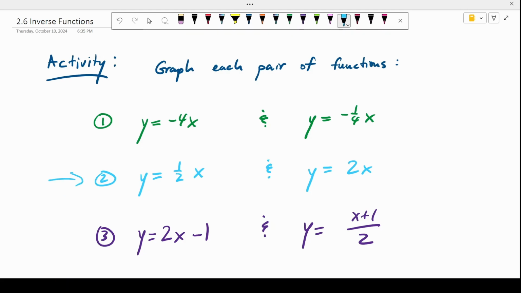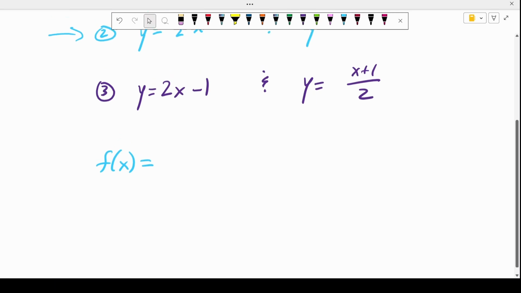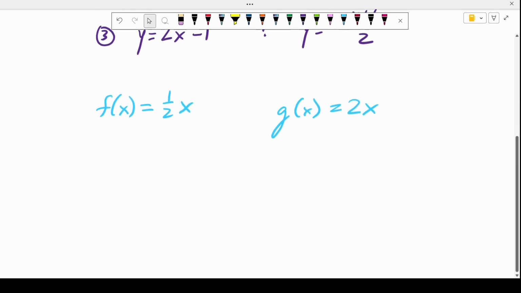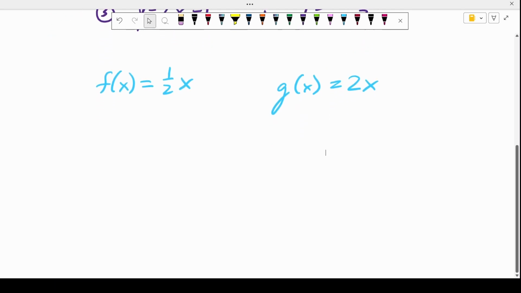So I'm going to take y equals 1/2 x and y equals 2x. And I'm going to name one F. So I'm going to say f of x is 1/2 x, and g of x is 2x. All right? And then maybe you picked the third pair or the first pair, it doesn't matter, but you label one F and one G.